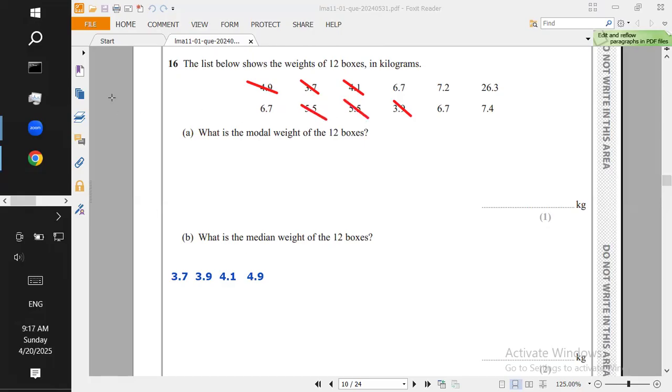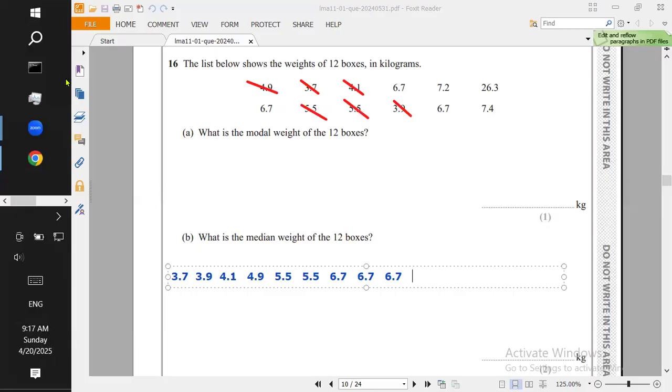We write them in the list. And then after 5.5, we have the 6s. So 6.7, 3 times. So we write them 3 times: 1, 2, 3. You have to write all the numbers in the list, so you can find the median.